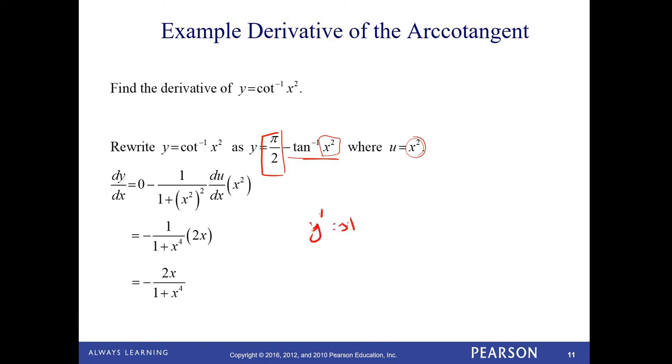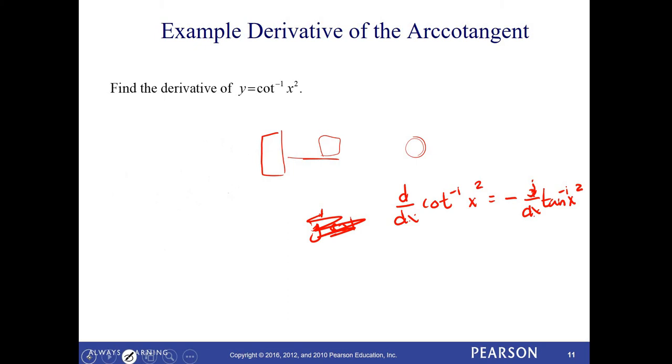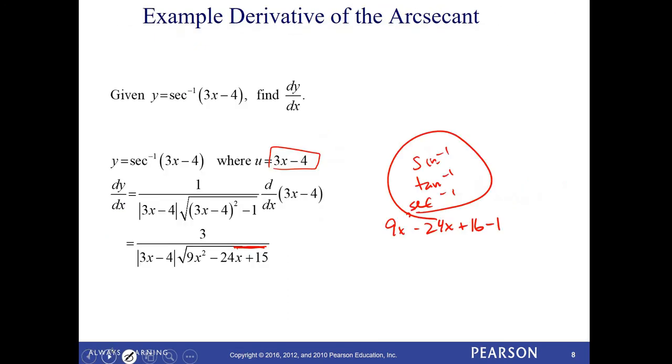So really what we're saying is that the derivative of cotan inverse of x squared is really the opposite of the derivative of tan inverse of x squared. And the same would hold true if we go back a few slides. Look here.